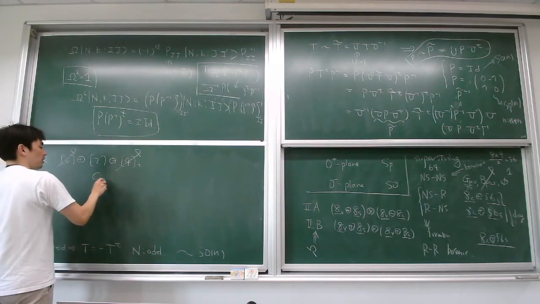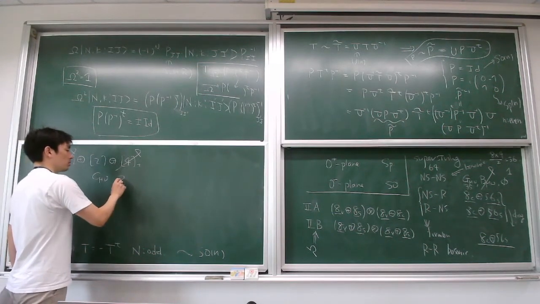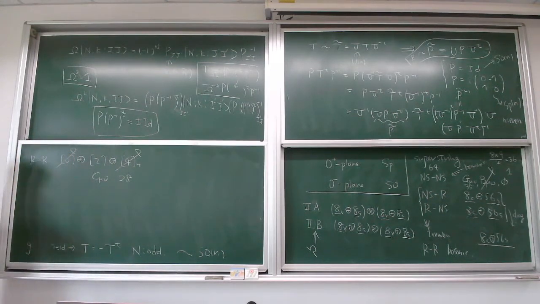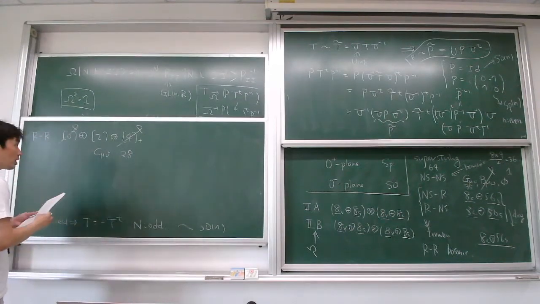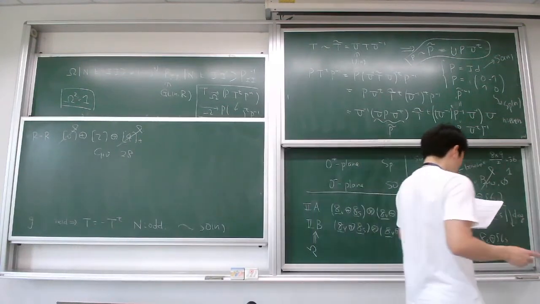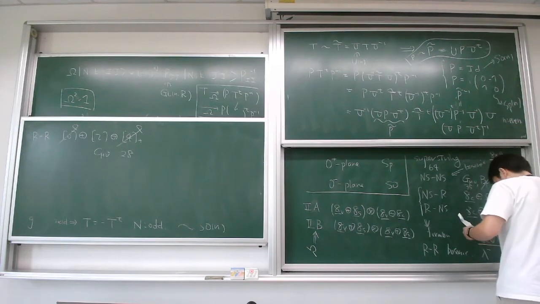What's left is C_mu, and this has 28 dimensions. So the gravitino and the dilatino are left.